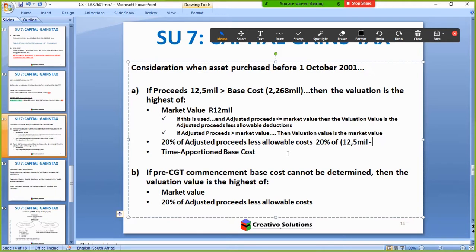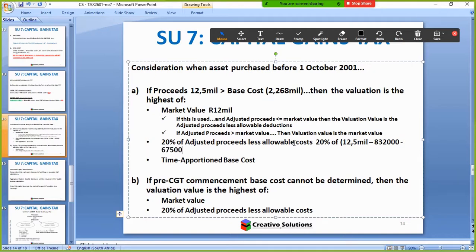The allowable cost was what we had improved the building. Remember, this was post CGT. So the allowable cost is what I'm adding. So it's 832, and what was the other amount? Are you talking about the commission? Yeah, there were two amounts. 67.5. Ah, okay, there we go.